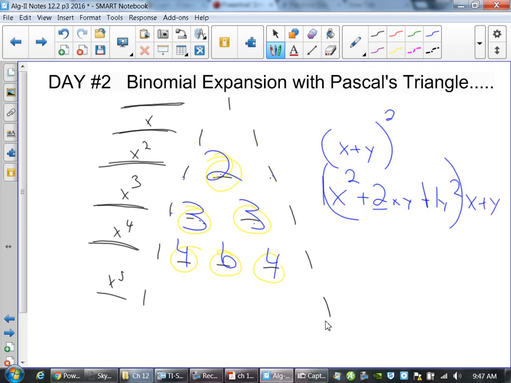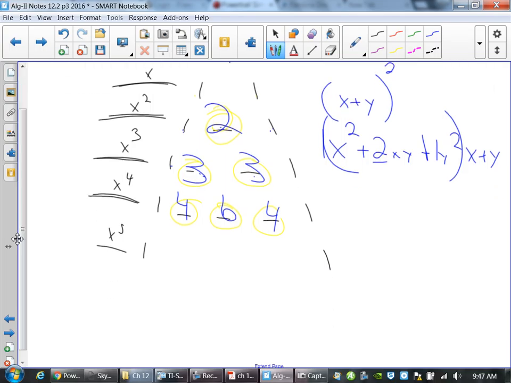Yeah. So FOIL that out or distribute that out. I'm going to get an x cubed plus 2x squared y plus xy squared plus x squared y plus 2xy squared plus y cubed. Just distributing through, and then I combine my terms again.